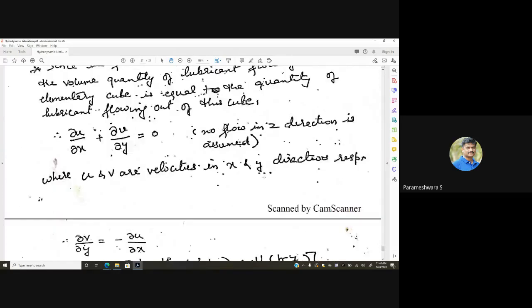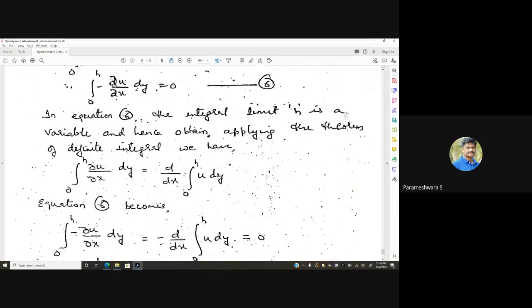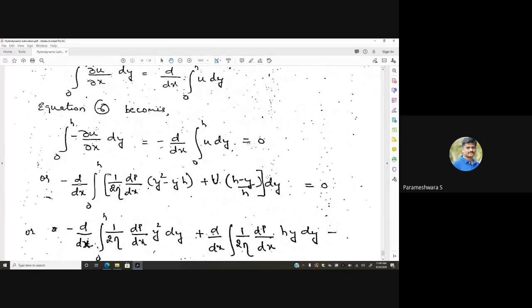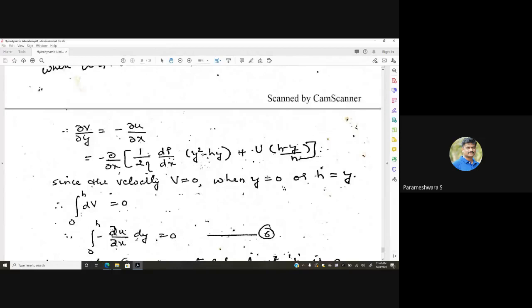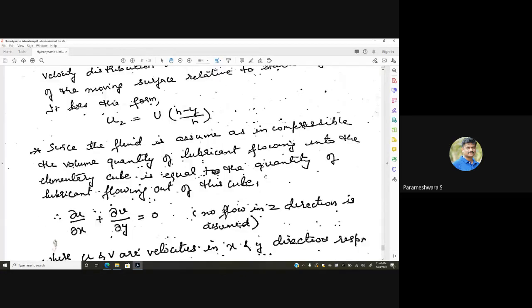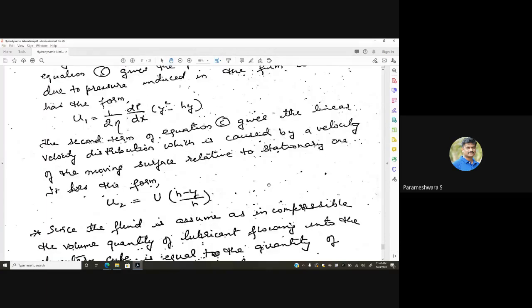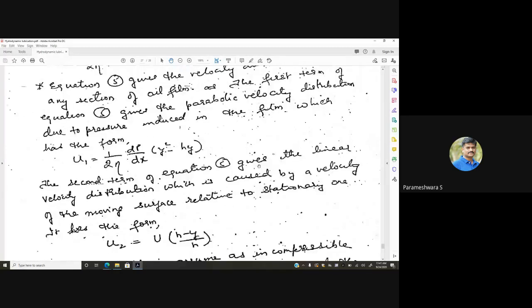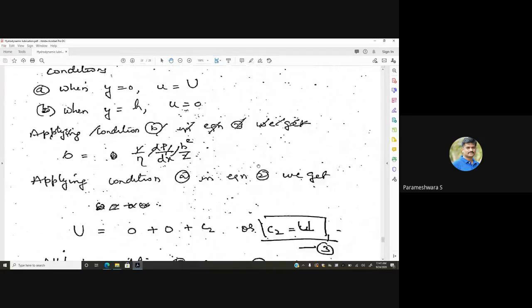Clear? Then we can have a derivation for flow rate also, but the velocity Reynolds equation in two-dimensional is sufficient. Three-dimension they'll rarely ask, because this derivation goes to 4 to 5 pages.